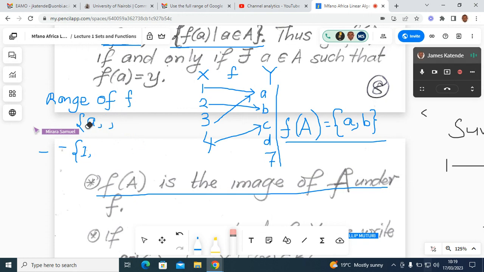So let's go to the other example now, where we want to find the pre-image of a set. If I pick a subset, now I need to pick a subset of the codomain.